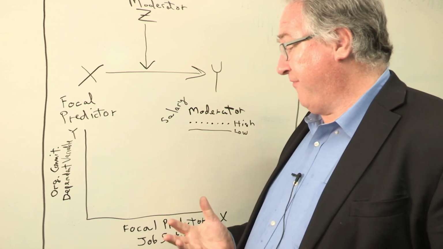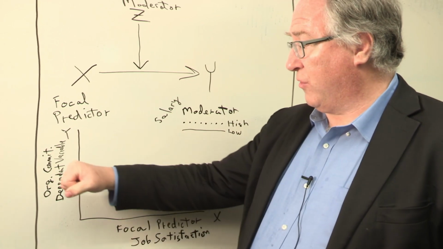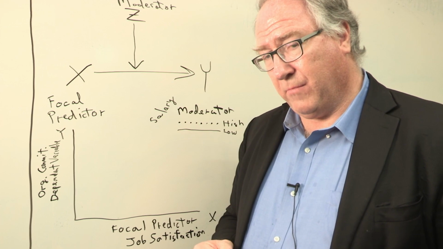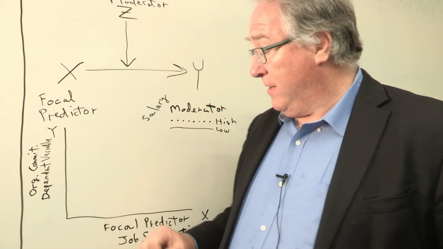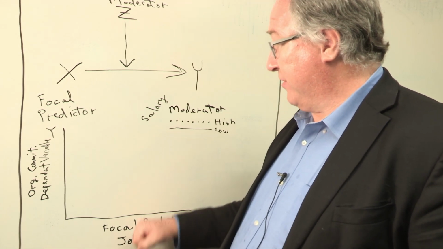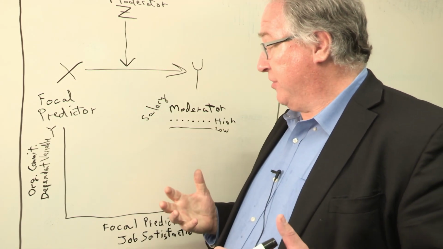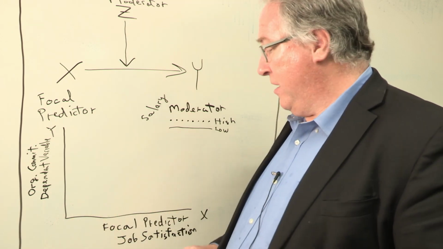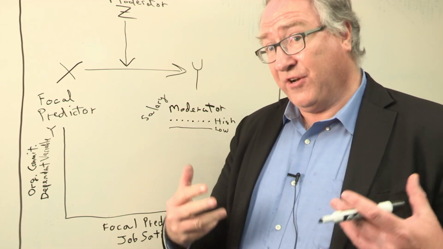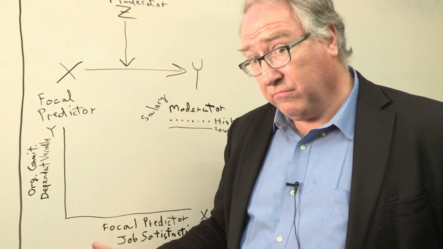You're getting the same effect of job satisfaction on organizational commitment. You'd know that the moment you saw that the interaction was not significant. So just seeing whether the interaction effect is significant or not tells you a lot right there.